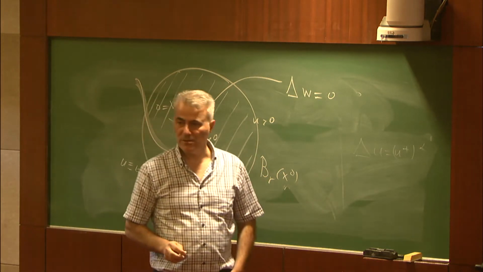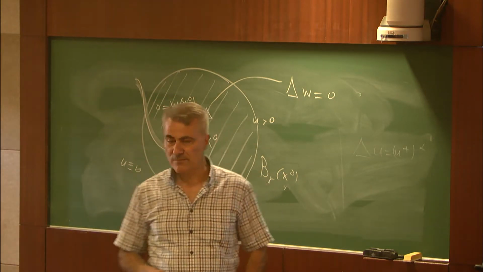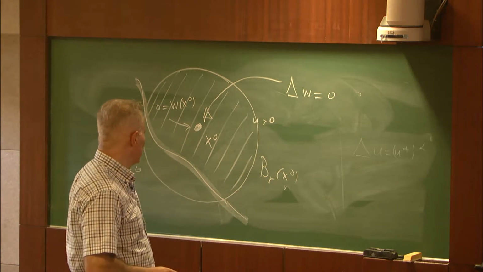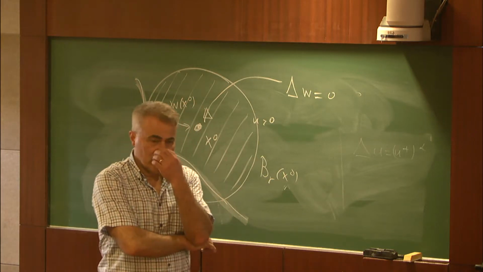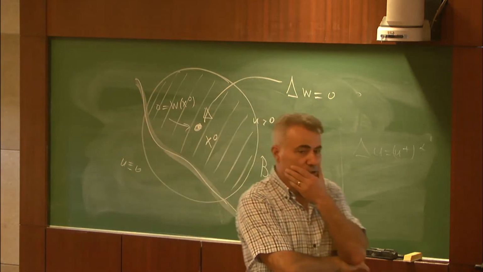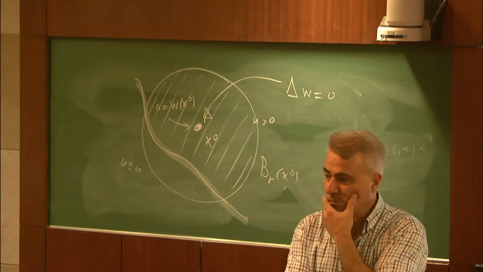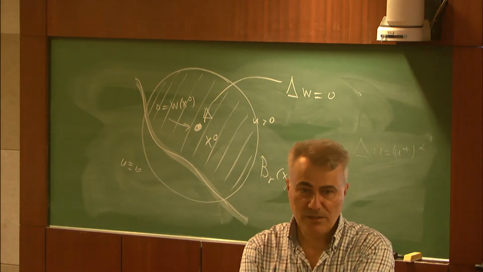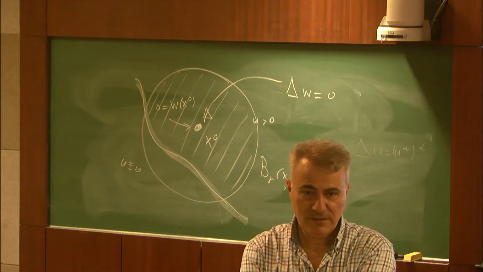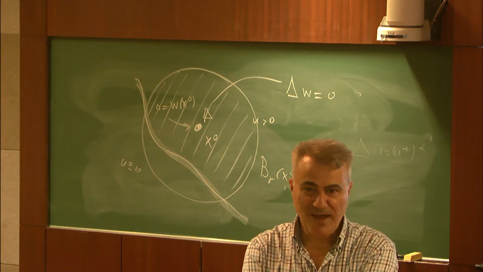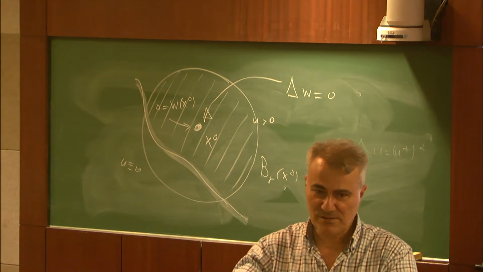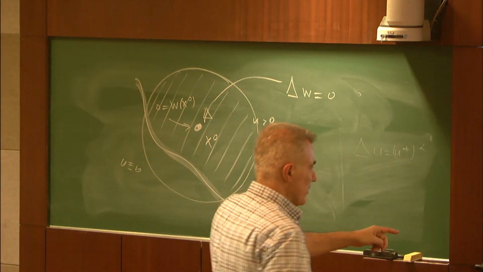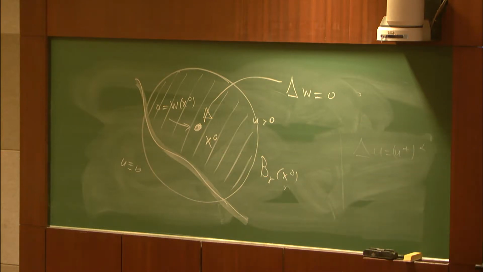It's a harmonic function, so it allows me to deduce that the supremum is taken on the boundary, not inside. Inside we have a 0 value, so the maximum has to be larger than 0, otherwise it's violated. So the supremum of W is on the boundary, and it has to be larger than or equal to 0.